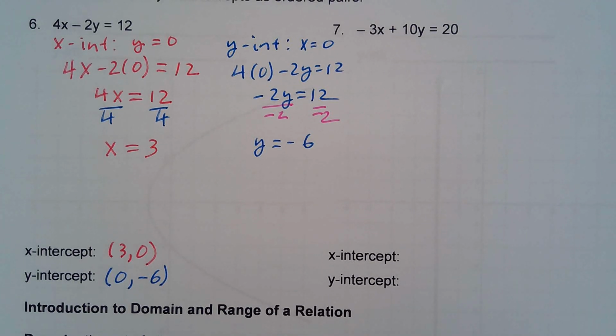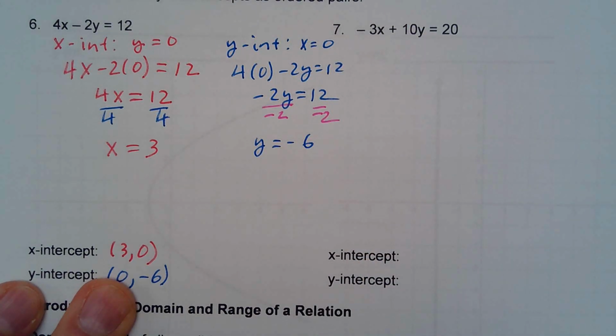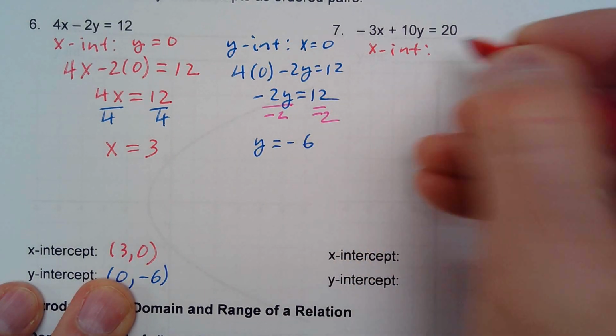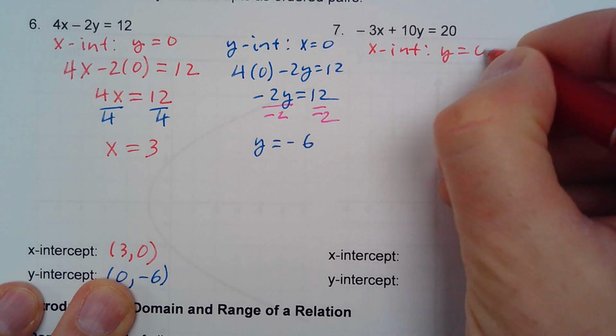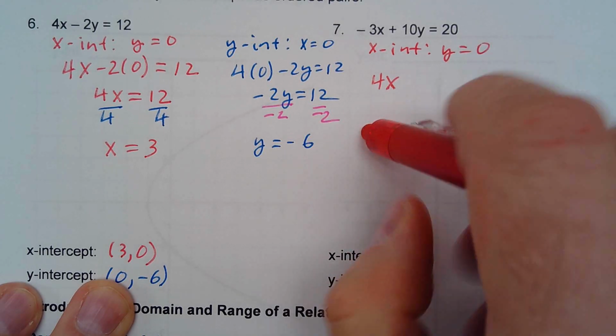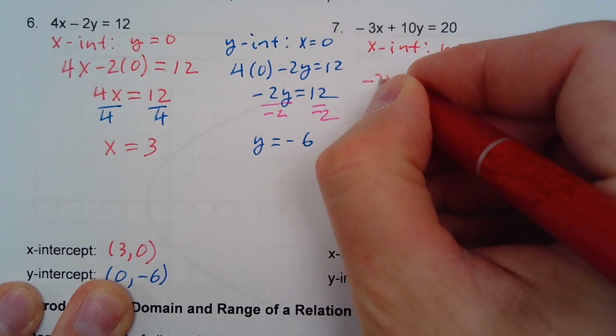All right, let's try this next one. Again, I'm going to go after the x-intercept. Let's set y equals 0, and hope I copy down the correct equation.